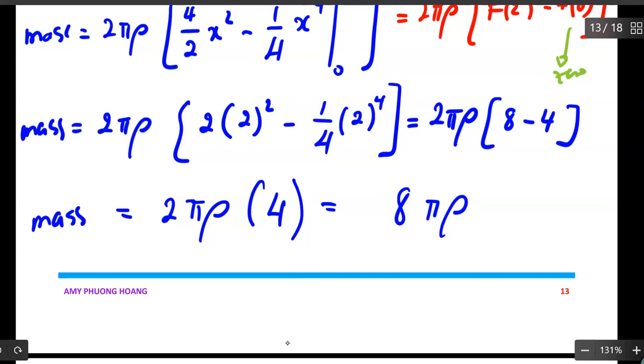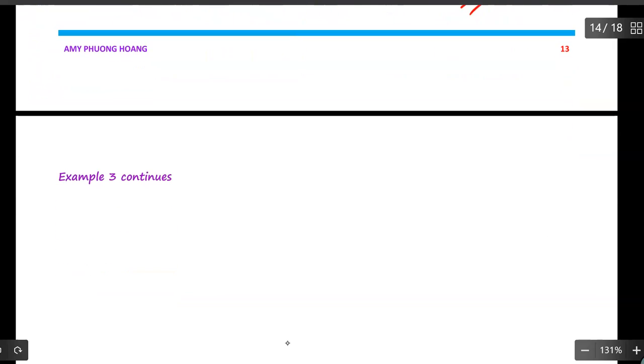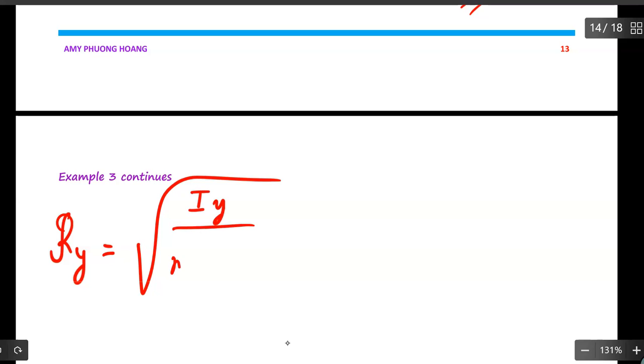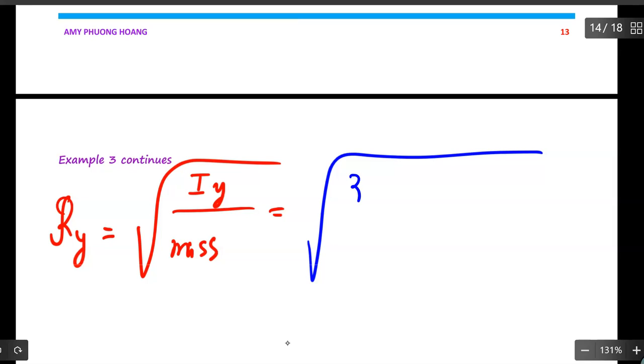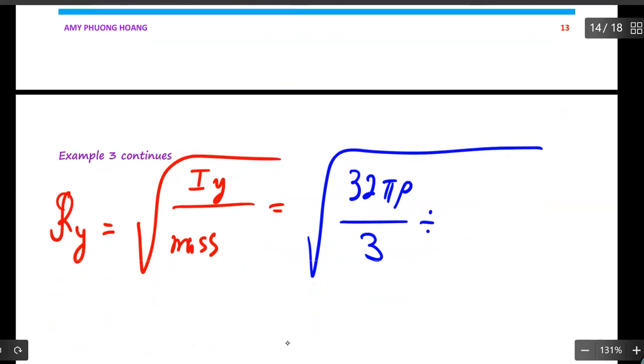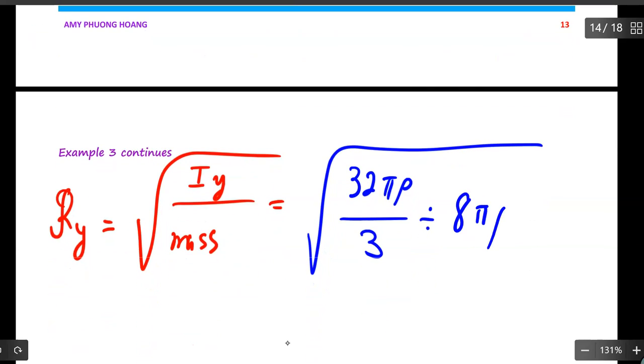Alright, okay, so now substitute into our formula of Ry. So Ry equal to the square root of Iy divided by the mass, and the mass is the volume in this case, so it's the square root of 32 pi rho divided by 3, and I have to divide that with 8 pi rho.